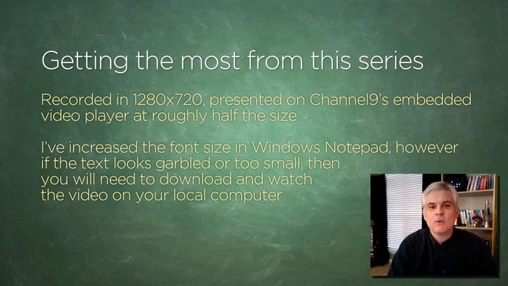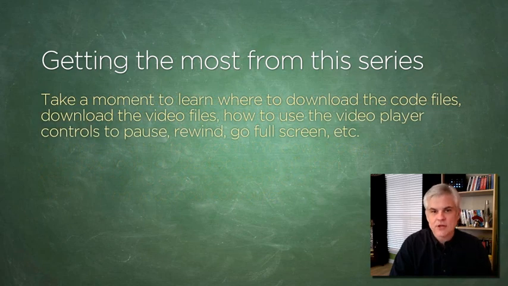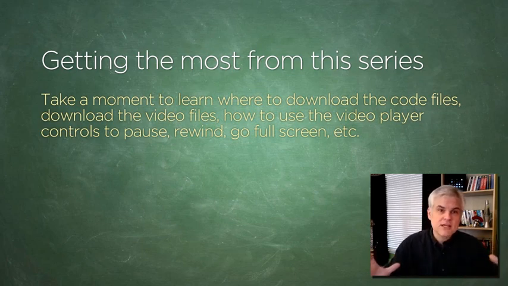In that case, you may want to download the videos to your computer first and watch them there. Also, you should be able to watch full screen. Take a moment to make sure you can see where to download the code on the pages that you're currently viewing these videos from, where you can download the video itself, how to go full screen in the video player's controls, and so on.